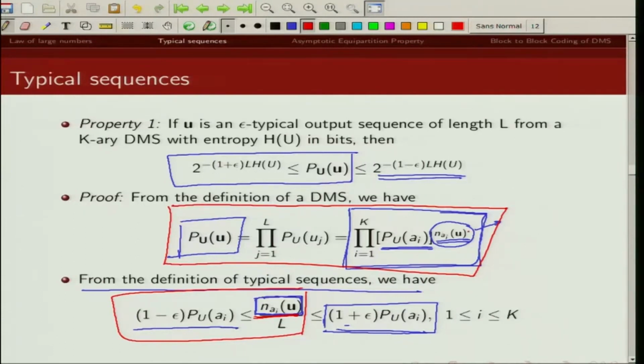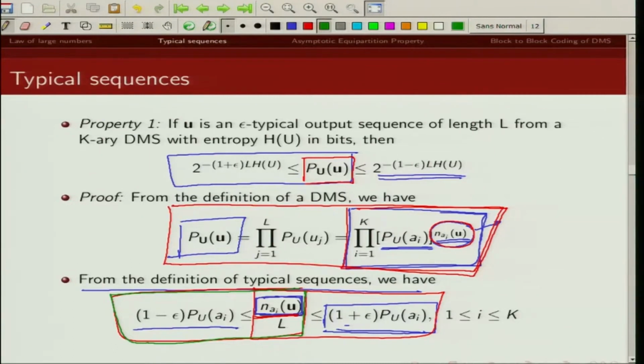So if I am replacing this N_{a_i} by a smaller term, then this whole thing would be greater than or equal to P of U_i. So I would get an upper bound on probability of occurrence of U. So exactly the same procedure. Now instead of using this, I am going to use this.